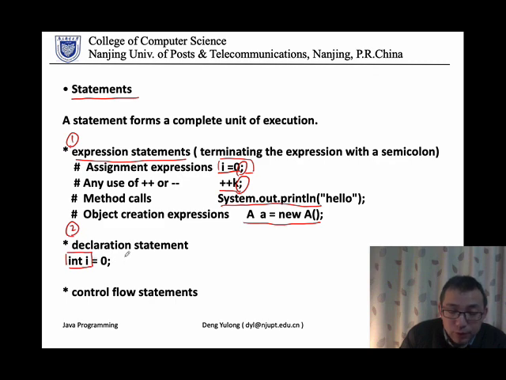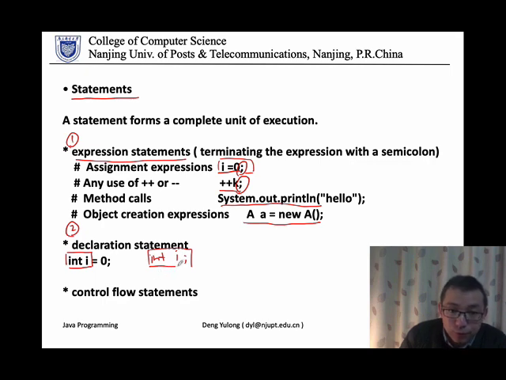Once we declare a variable, we can assign a literal value to it at the same time, but you can also keep it aside. So you can define a variable here and put a semicolon at the end of the i. It's a statement, but this variable i has not been initialized.